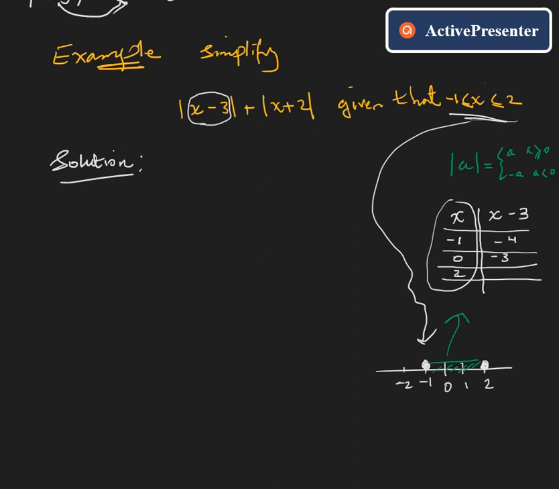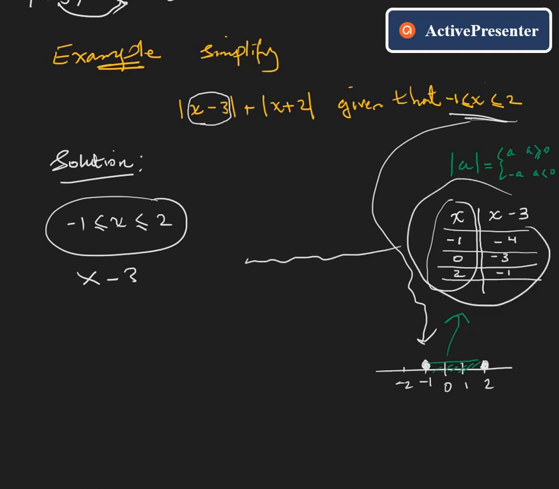If x is 2, x minus 3 is minus 1. Given that x is greater than or equal to negative 1 and less than or equal to 2, we know that x minus 3 is negative in this interval.